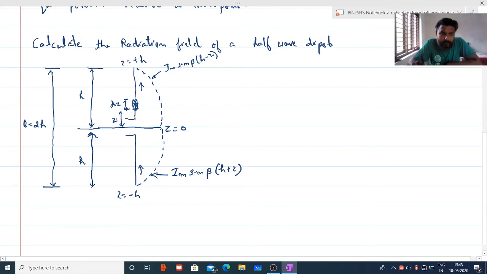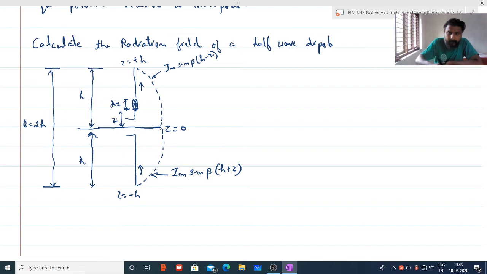So this is the figure for calculating the radiation field of a half-wave dipole antenna. The total length is L equal to h plus h, that is nothing but 2h. I have taken a small element, that is dz.